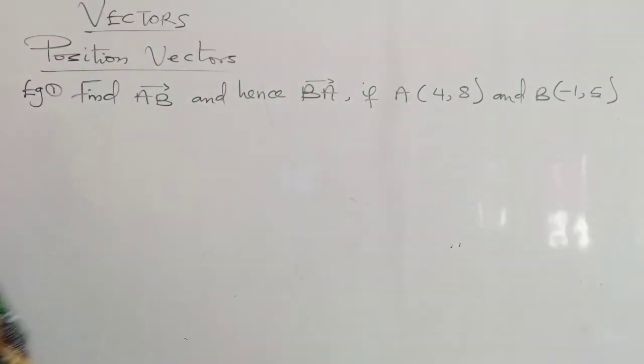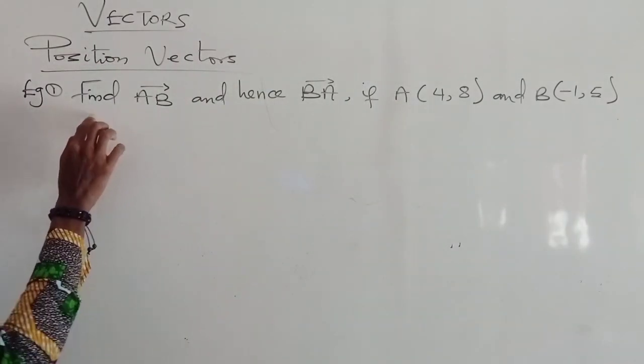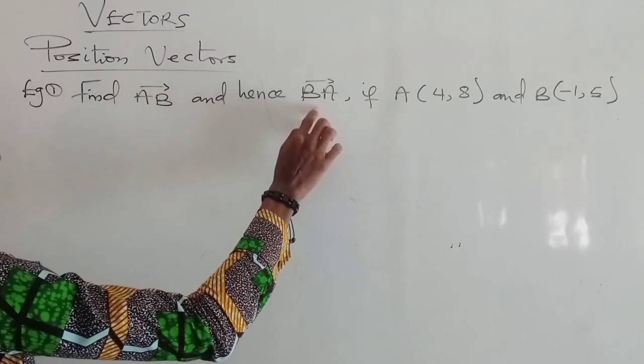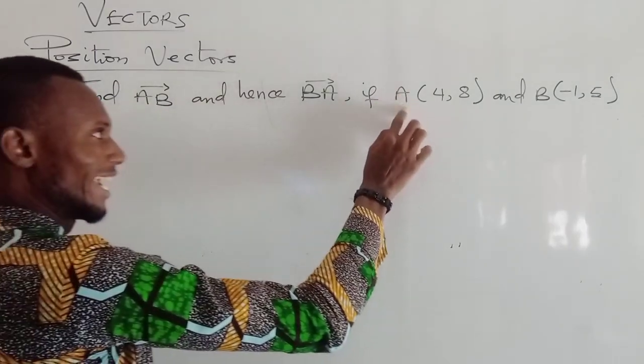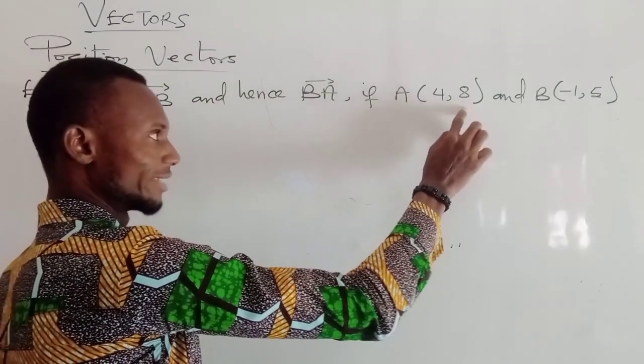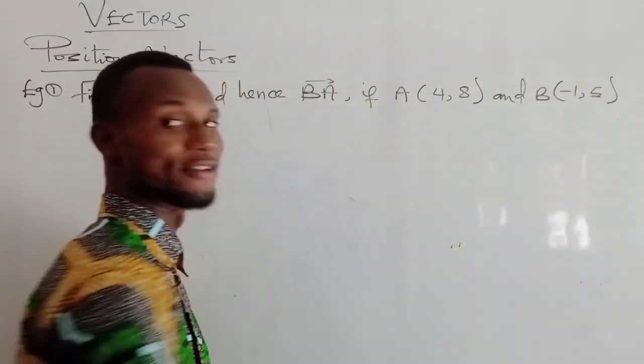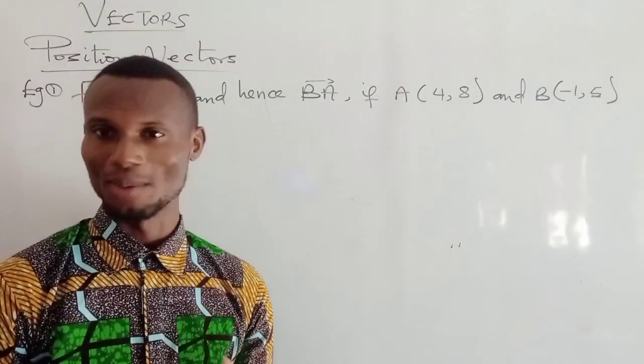Example 1 says: find vector AB and hence vector BA if point A is given to be (4, 8) and point B is given to be (-1, 5). I'm going to read it one more time.